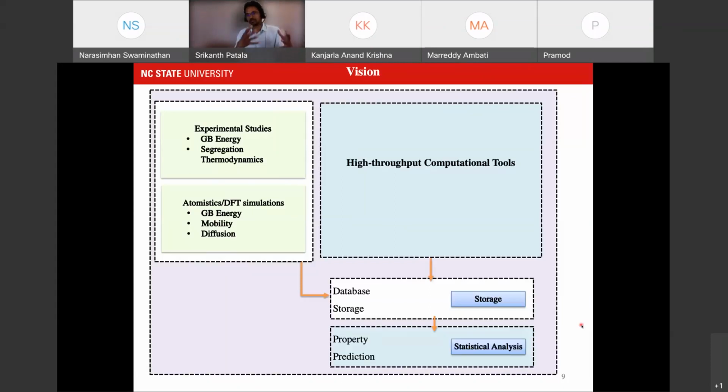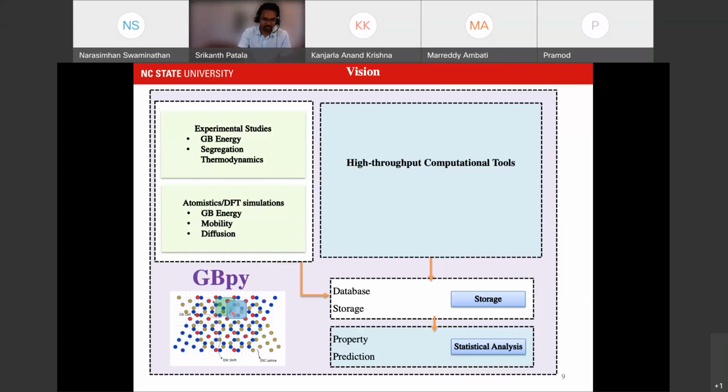And once we have these databases, we would also like to have some statistical capabilities to analyze or predict properties more generally for interfaces. I'll just mention here, GBPy is a Python package. It's actually open source, available on my GitHub repository. I provided the link for it in the abstract, where we are curating these tools for simulating grain boundaries in general.